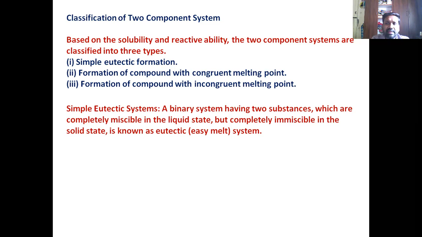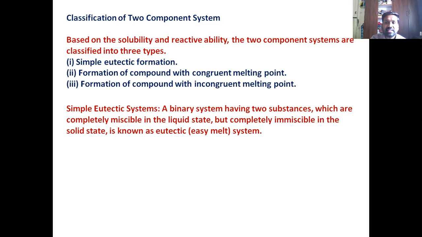What do we mean by eutectic? This eutectic, I feel, is a very new term to you. Is it not? You may not have heard of eutectic in your previous semesters. So eutectic means, the verbal meaning of it is, easy melt.